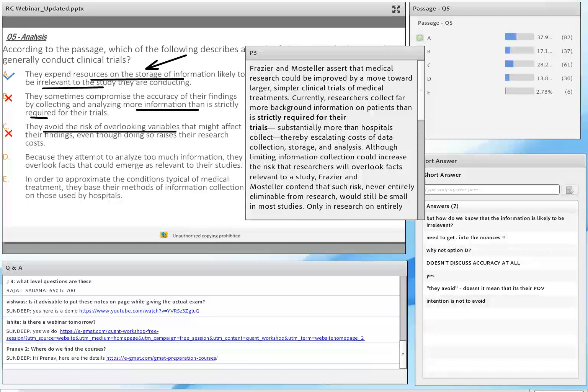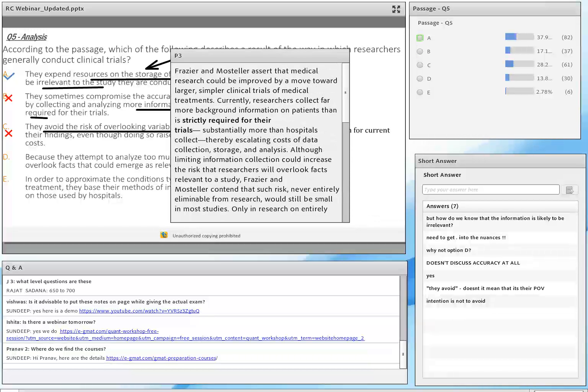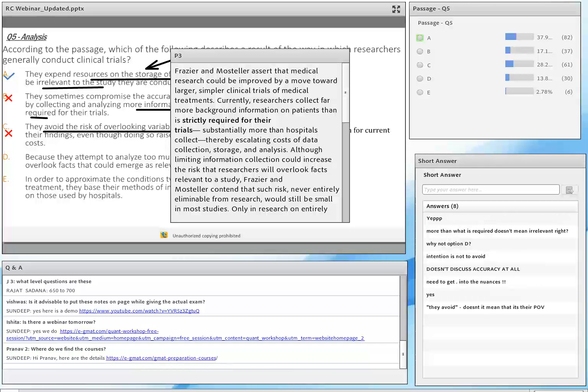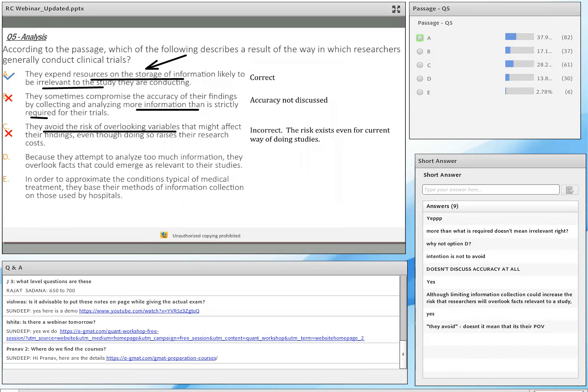Do you see this? Rashmi. Yeah, more than required means it's irrelevant, right? It's irrelevant if it's more than required. If it's not required, it's irrelevant. And it's likely to be irrelevant, by the way.